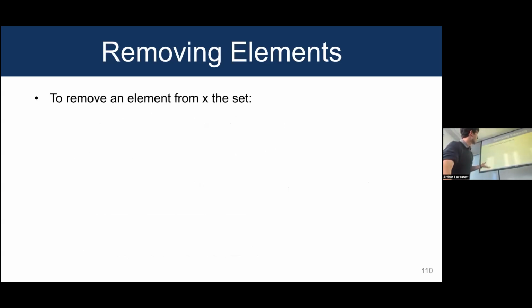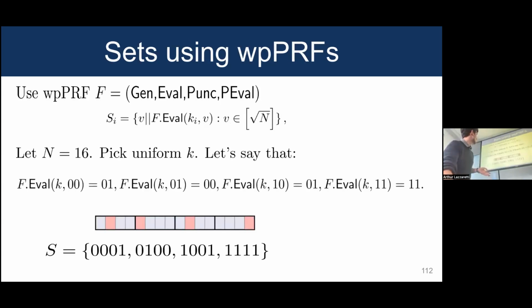Then to remove an element x from the set, you puncture the first half of x. Let's suppose we want to remove the element 0001. If we puncture the key at 00, from the guarantees we had before, we're hiding 01, the evaluation.